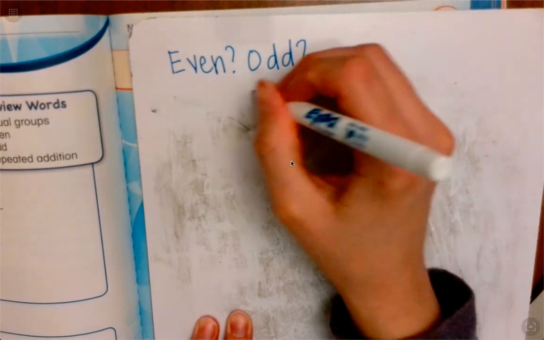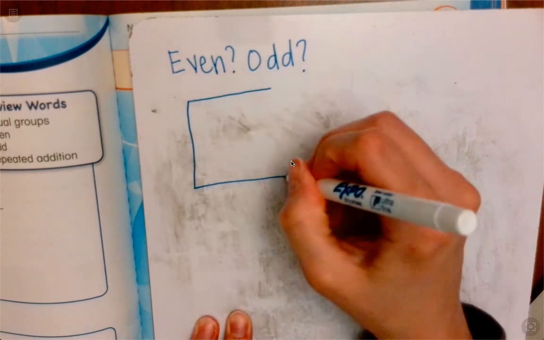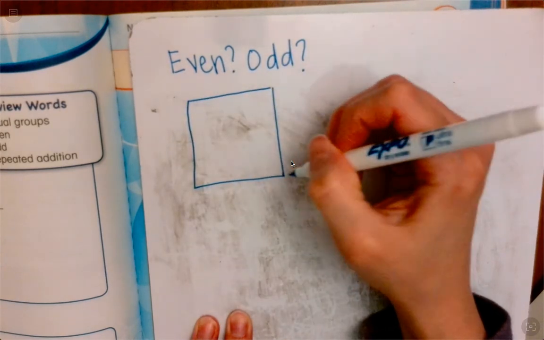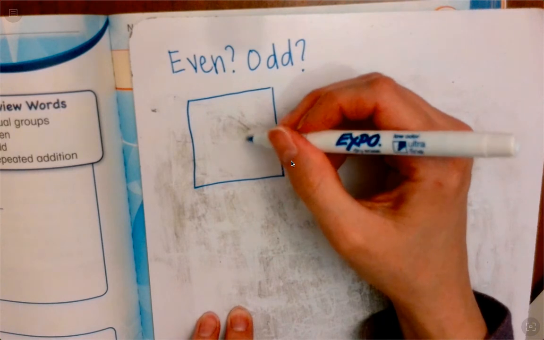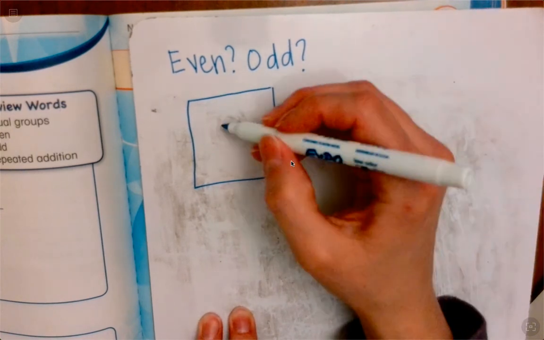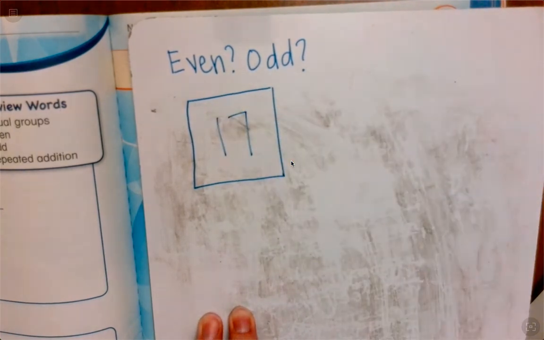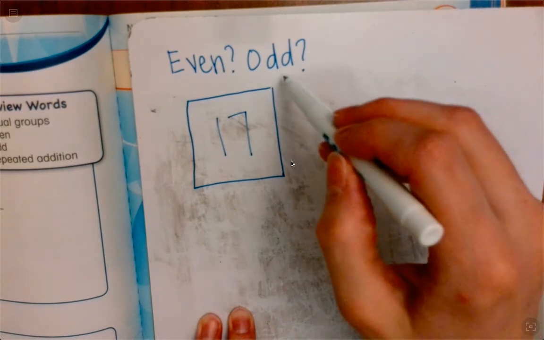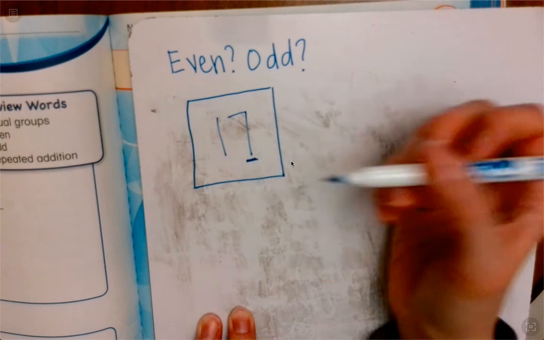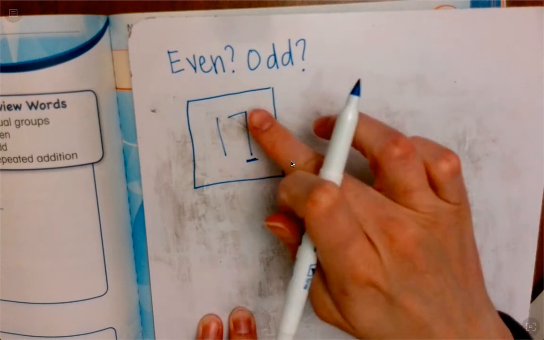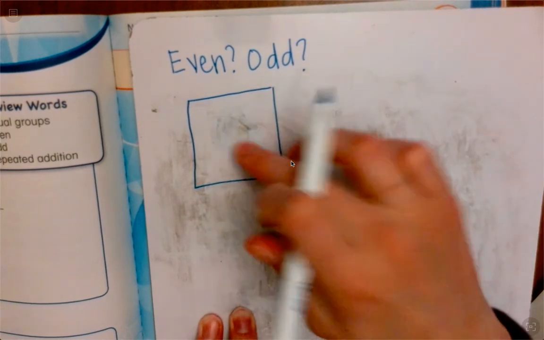I'll do a few numbers right in here. You tell me, I'll write a number in there. Is it even or odd? You should have said odd, right? Because if you're looking at the 7, it's an odd number. Very good. How about this one?